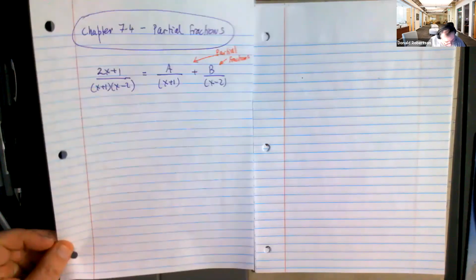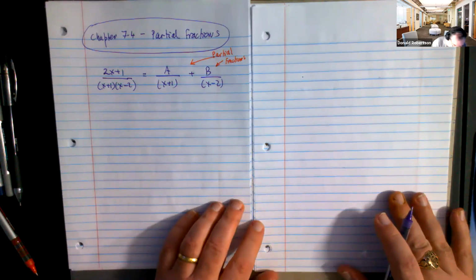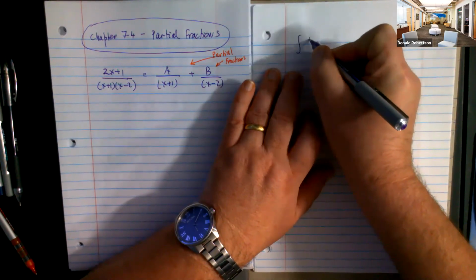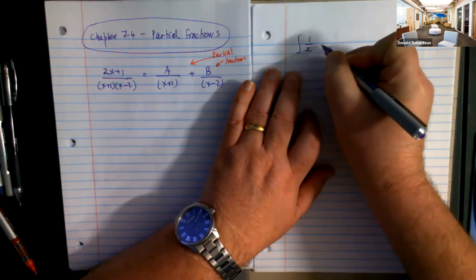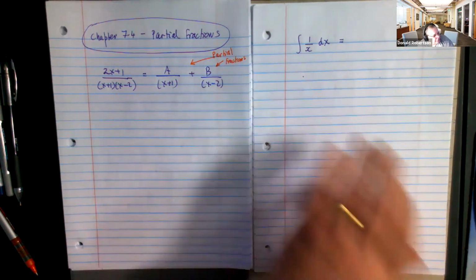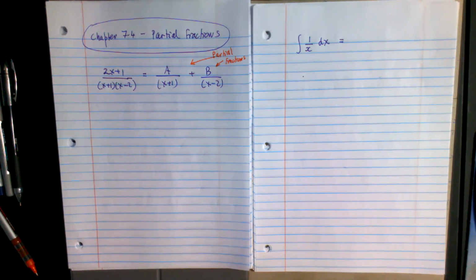But wind back a little bit. Let's look at what the integrals of some fractions are. Does anybody off the top of their head remember what the integral for 1 over x is? Natural log?